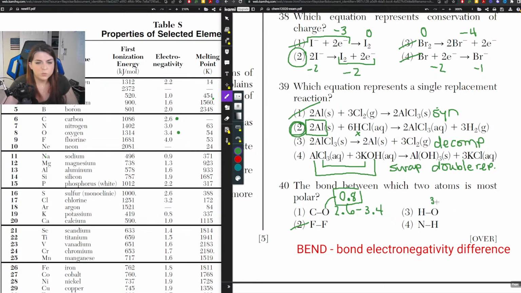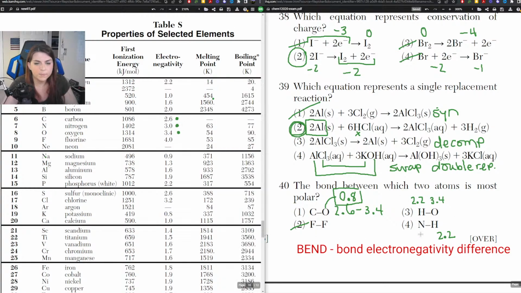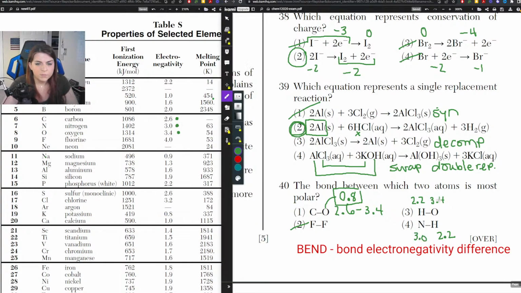Now this oxygen will still be the 3.4. Hydrogen is 2.2. And while we're here, the nitrogen is 3.0. Okay, so 3.4 minus 2.2 would give us 1.2 as the difference between the two electronegativities.